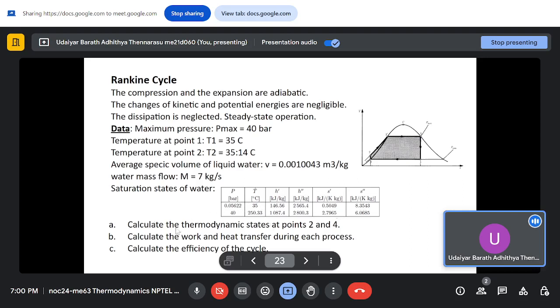Now we need to calculate the thermodynamic states at points 2 and 4, that is your pump outlet and your turbine exit. Calculate the work and heat transfer during each process and calculate the efficiency of the cycle.